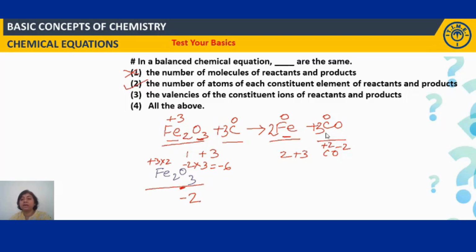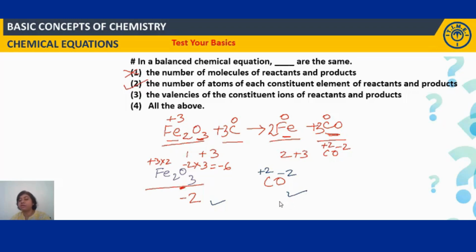Now let us look at the valency of oxygen in carbon monoxide. So let us change the color of the ink so that we can understand it properly. So oxygen, it is here minus 2 and carbon here it is plus 2. See, in the reactant Fe2O3, oxygen is there whose valency is minus 2. In the product carbon monoxide, oxygen is there whose valency is minus 2.